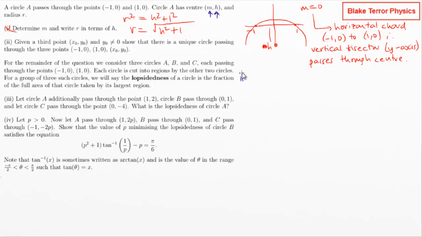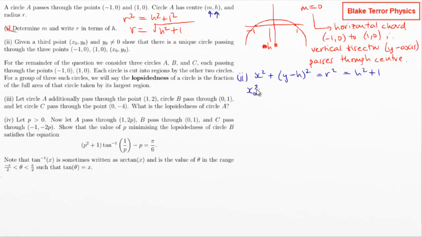Okay, so let's go to our equation of a circle on this then. So we've got that M is 0, so it's just going to be x squared plus (y minus h) squared is r squared. We've got r squared, that's h squared plus 1. So we've only got h's in this. So if we can make h the subject and show that it is fixed for x0, y0, then we're sorted, aren't we? So let's put x0, y0 in, and I'll expand out that bracket.